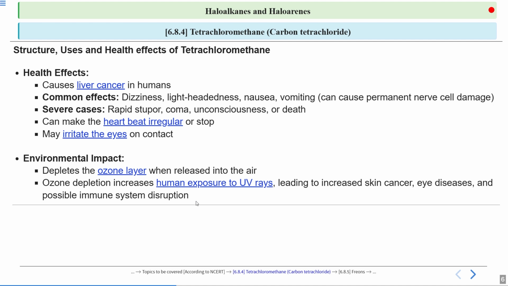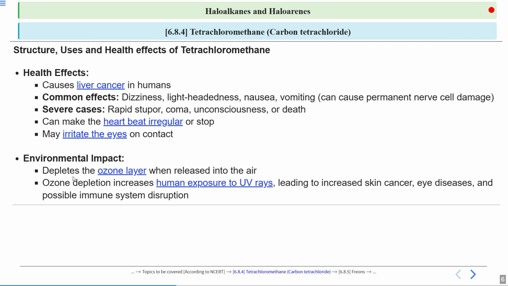They come directly from the sun, and if there is ozone depletion, they can directly enter the earth's atmosphere and reach people, coming in contact with their skin, their eyes, and their immune system. It can cause skin cancer, eye disease, and possibly disrupt your immune system.